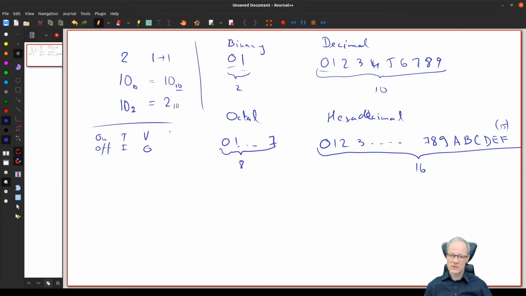In other words, 1 or 0. And rather than having, say, different voltages for the decimal system represented directly on the hardware, that's why we are using binary system in computers.